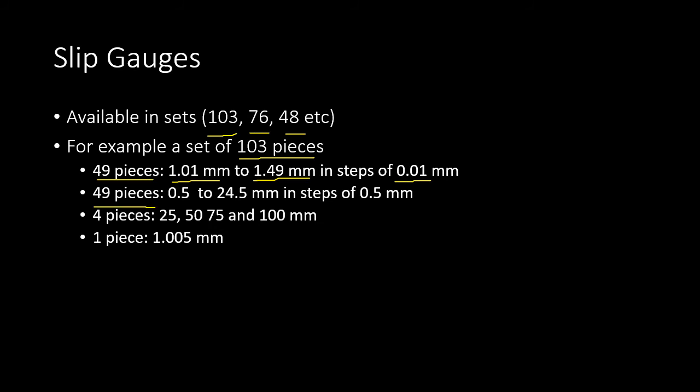Similarly, 49 pieces having size in the range 0.5 mm to 24.5 mm in steps of 0.5 mm. So 49 plus 49 is 98, and 98 plus 4 is 103. So there are 4 pieces having sizes 25 mm, 50 mm, 75 mm, and 100 mm. And there is an additional piece in this set having size 1.005 mm. So this is just an example. There are sets consisting of 76 pieces, and that set will have its own combination of slip gauges.